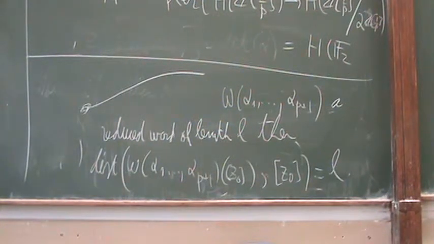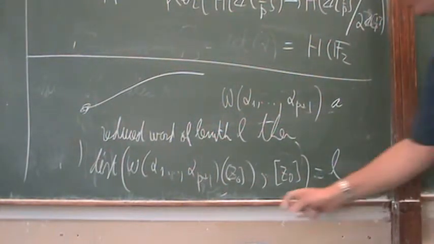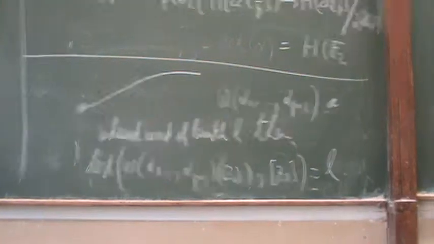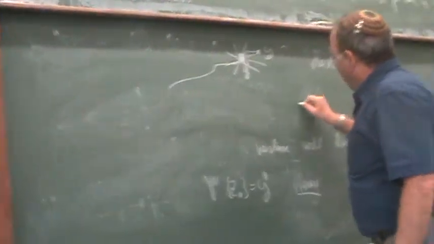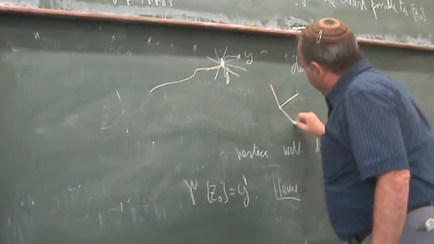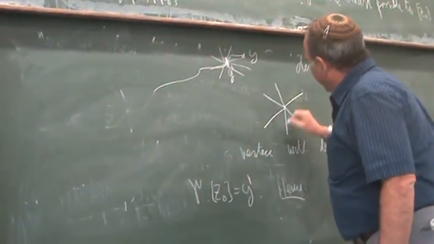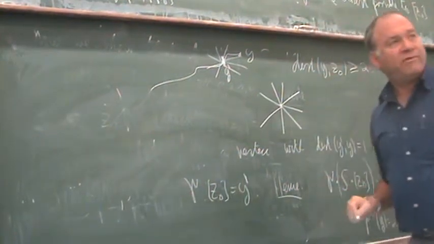But it teaches me even more. Now, why is this true? Because, think about this picture of what I showed you before. If you take the first p plus 1 elements, they take you to the immediate neighbors, right?